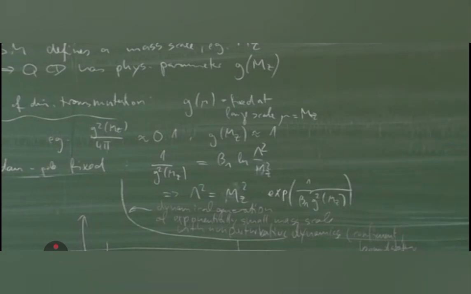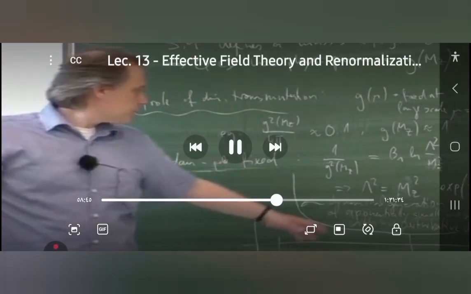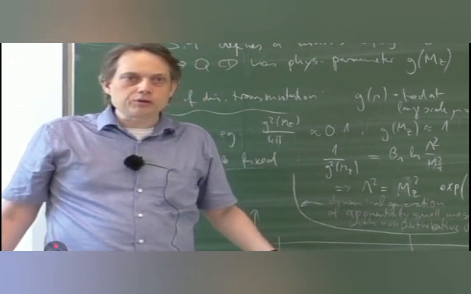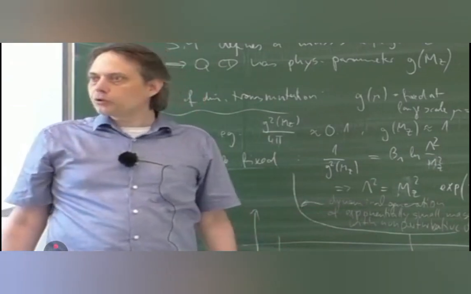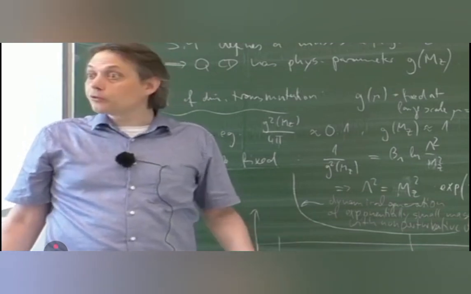So this is an application of the renormalization group equation, which is related to the phenomenon. And so also this is a role model. If you have some small mass scale which you are interested in, you might want to explain dynamically, using some fundamental theory, where this mass scale comes from.